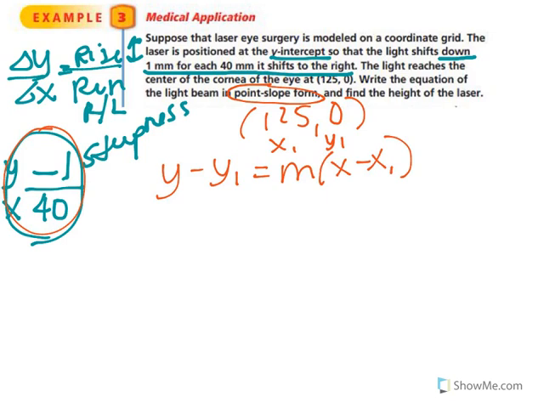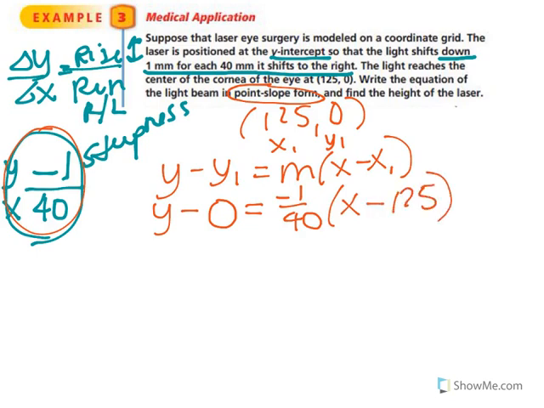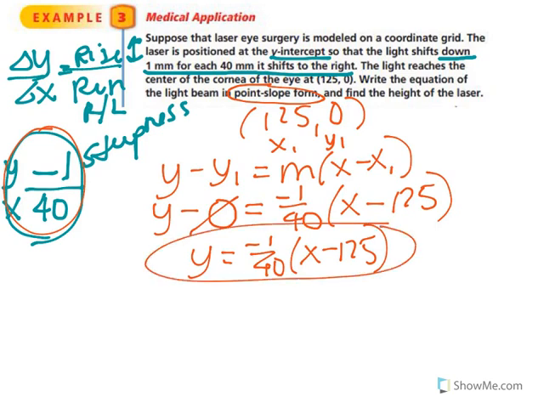Here I have y minus my y1, which is 0, is equal to m, my slope, the steepness of the line at -1 over 40, times in parentheses x minus x1, which is 125. To clean it up a little, anything added or subtracted by 0 ends up being itself. So the equation would be y is equal to -1 over 40 times x minus 125. So that's our equation in point slope form.